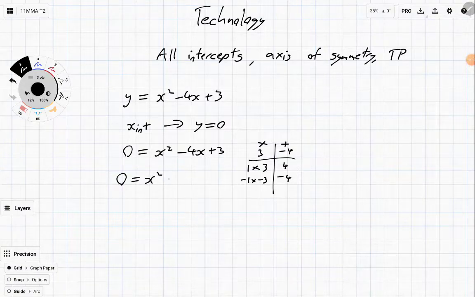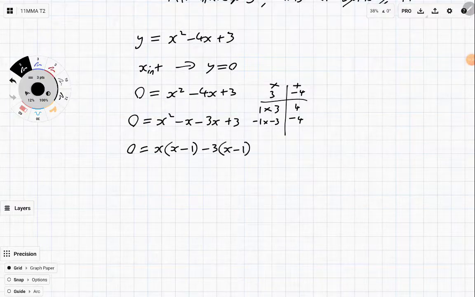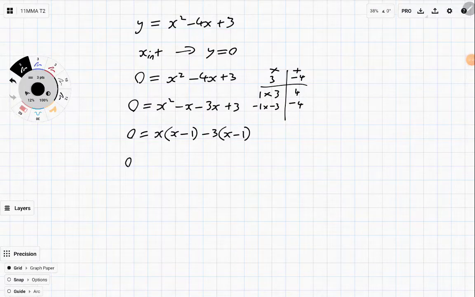Decomposition: minus x minus 3x plus 3. Factorize bit by bit. And bring out the x minus 1, x minus 3, and we've got our two solutions using null factor law.